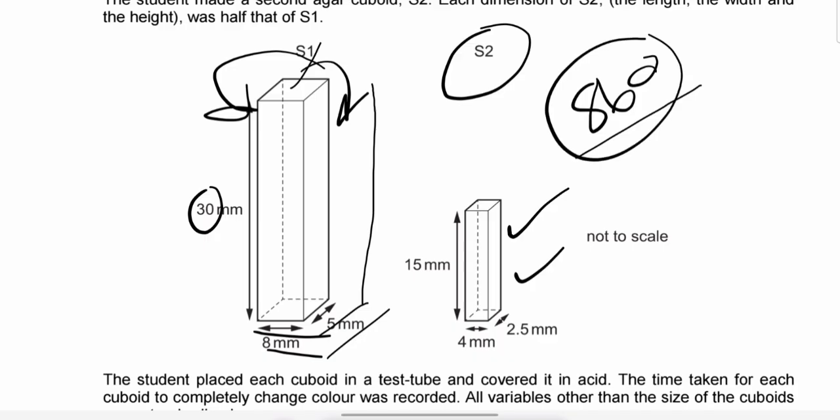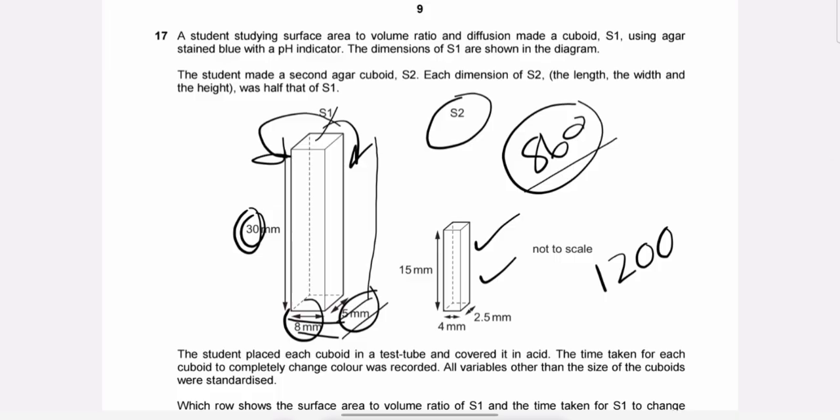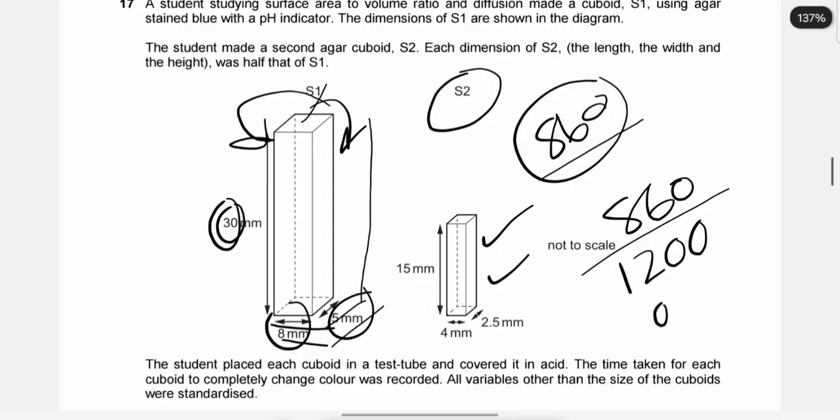And for the volume, we're just going to say length times width times height, which is our 30 times 8 times 5, and we're getting 1200. So for the surface area to volume ratio, going to say surface area over the volume, and if we simplify that, 860 over 1200, we're getting 0.716 with a bar showing that it's recurring.